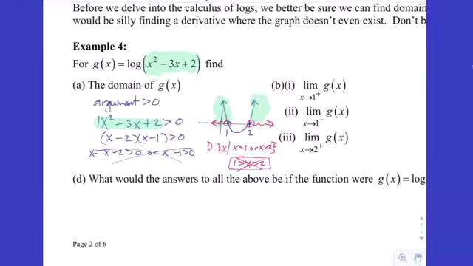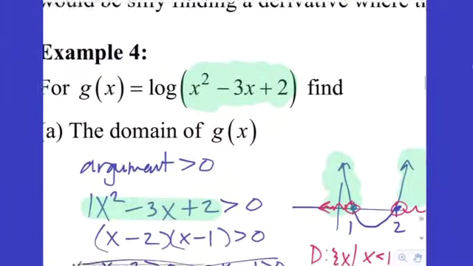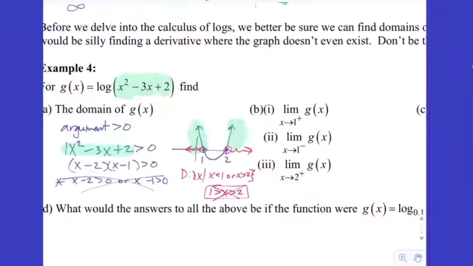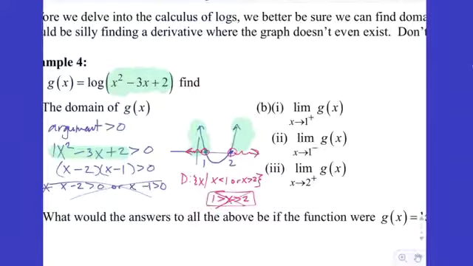All right, so now, remember, this is not the graph of g of x. That's just the graph of the argument. We can now answer questions like this. What is the limit as x goes to 1 from the right-hand side? Does it exist?